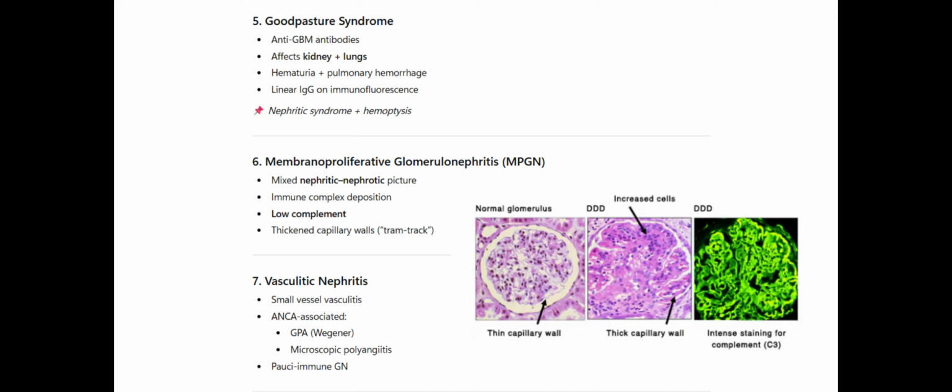Conditions included in this group are granulomatosis with polyangiitis, microscopic polyangiitis, and eosinophilic granulomatosis with polyangiitis. Type 3 RPGN is the most common subtype in adults and is often accompanied by systemic features of vasculitis.